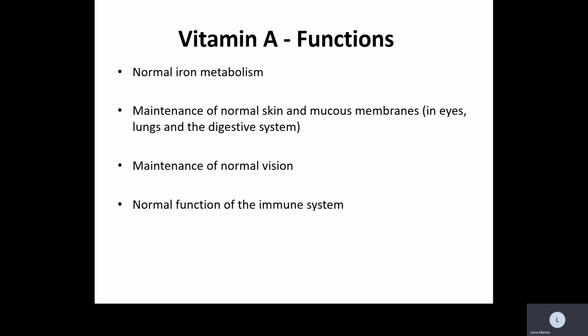So there is, for example, blindness, Bitot's spots are common, and breakdown of mucous membranes. For example, transmission of HIV/AIDS is maybe more common amongst women with low vitamin A status because they have friable mucous membranes.